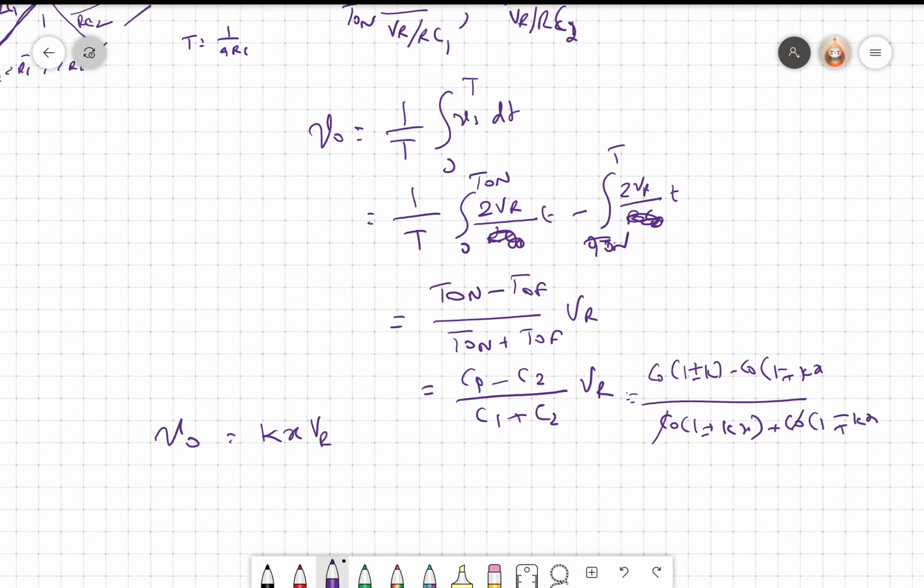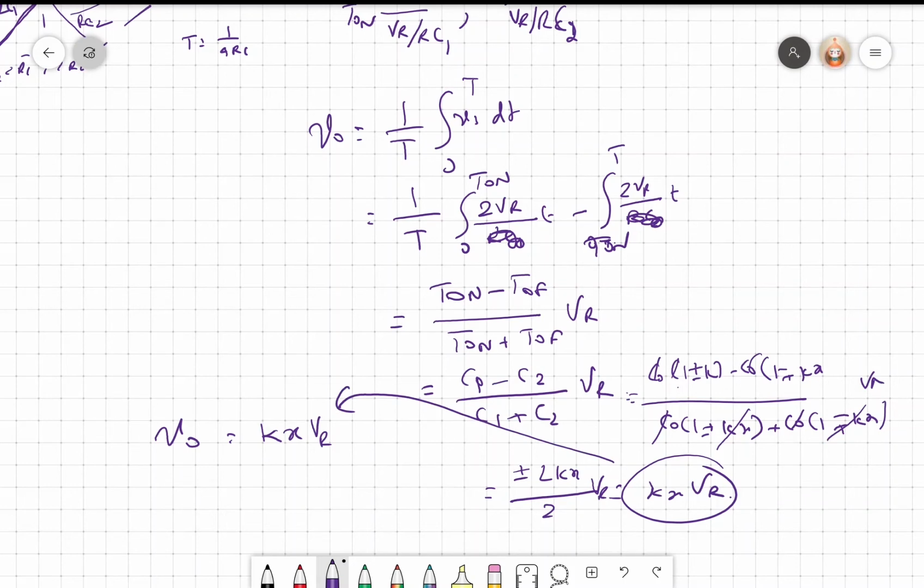So C naught cancels out. 1 minus 1 cancels out. So this plus or minus kx, plus or minus 2kx. Here plus or minus kx minus or plus kx cancels out by 2 into VR, that is kx into VR. So that's what we will get.